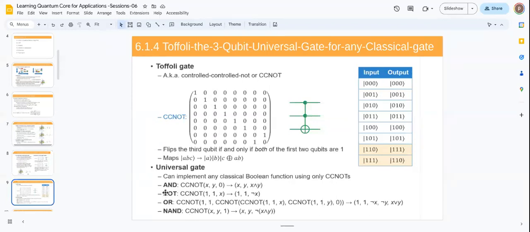We do this with 1, 1, knot of x. So these Toffoli gates are being used to create AND, NOT, or NAND, because CCNOT can be applied with the following inputs to get the classical gates. The Toffoli gate is called a universal gate, not unitary. Okay, it is a universal gate.